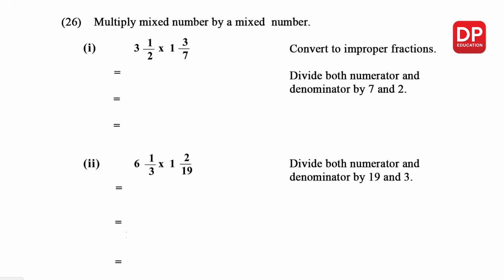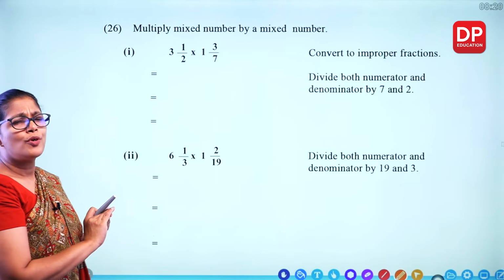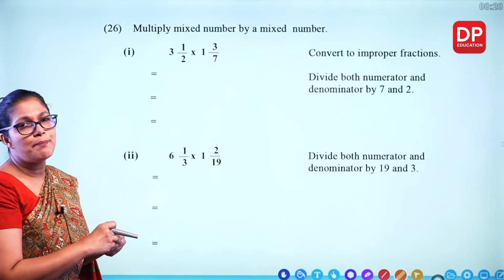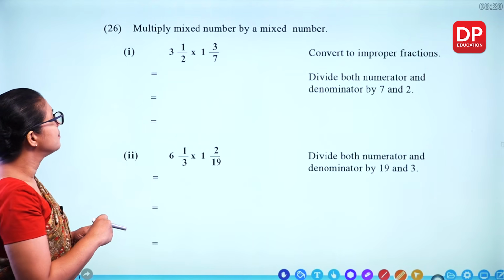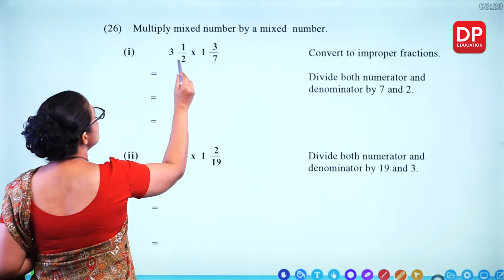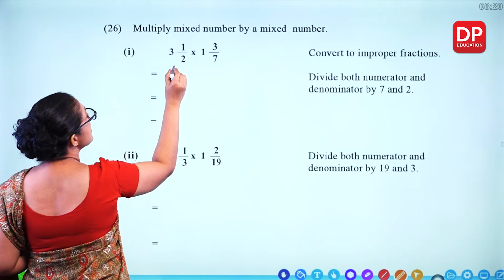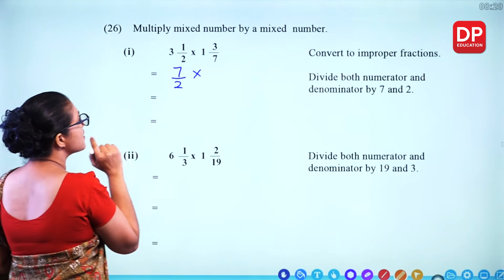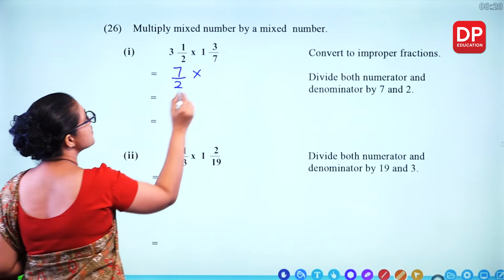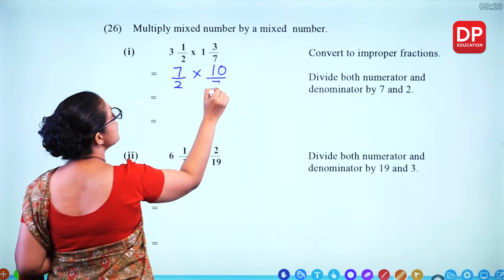Now what we do? Multiply a mixed number by a mixed number. So you have to convert both the mixed numbers to improper fractions. 2 times 3, 6. 6 plus 1, 7. This one, 7 times 1, 7 plus 3, 10. So that's the first step.